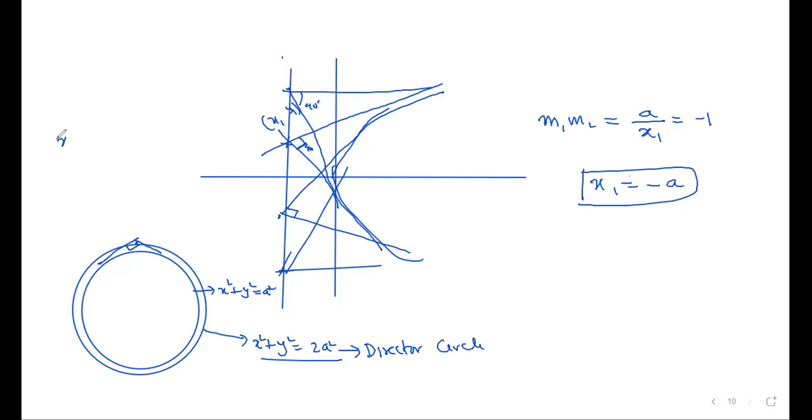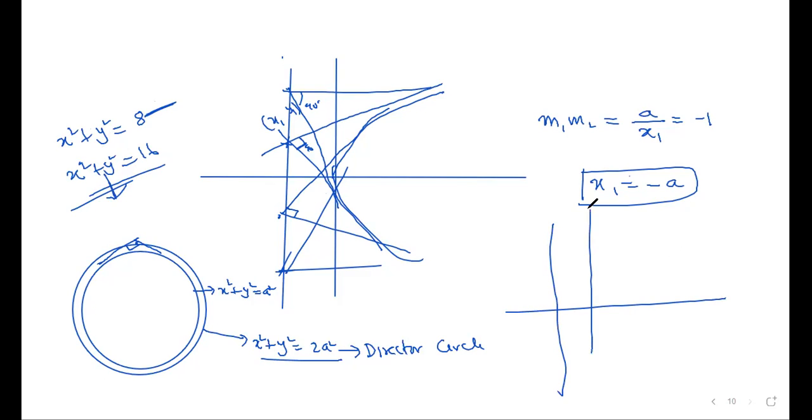And this is called the director circle. For example, if x square plus y square equal to 8 is the equation of the circle, the equation of the director circle will be x square plus y square equal to 16. And if I take a point on this circle and draw tangents to the inner circle, they will always be perpendicular. Did you understand the meaning of director circle? Yes, sir. Understood, sir. So the same thing is applicable for the parabola also.